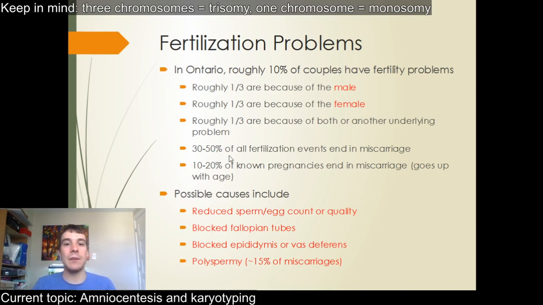Back to some other stats. 30 to 50% of all fertilization events end in miscarriage. So, up to half of all fertilizations. And that's all of them, right? Every single fertilization. So you can get fertilized without knowing that you're pregnant, because you just get a miscarriage.